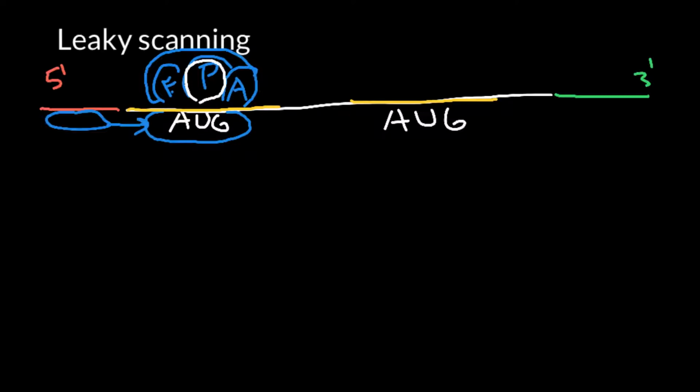For a small ribosomal subunit, and then the large ribosomal subunit also would be attached, and this is going to be a second alternative site for the beginning of the translation of the protein, and this is going to be the first variant.